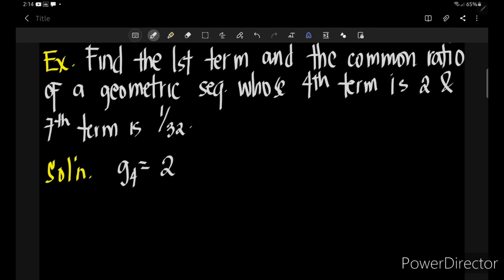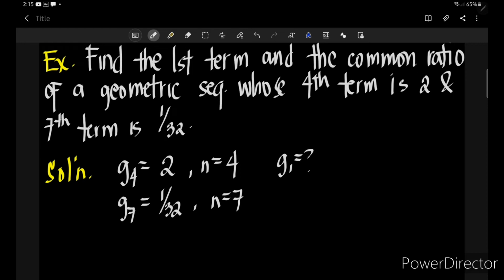If that is the term we are looking for, kaya yung n natin ay magiging 4. Okay? Next, G sub 7 is 1 over 32. Kaya ang n natin ay magiging 7. Okay? Ang hinahanap ay ang first term, that's why it is a question mark, and common ratio as well.